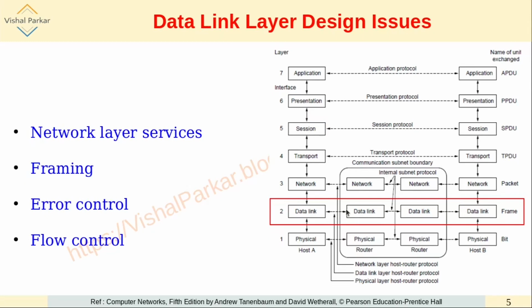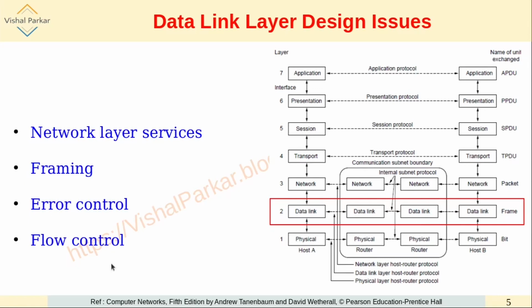I mean, if there are errors generated, the errors should be tackled. So the data, if it is 101 received from the network layer, it is to be delivered to the destination machine's network layer as 101. We already seen that. This is what is called error control. If there are communication errors in the transit, they will be controlled in the sense that the data bits will be sent as they are received.